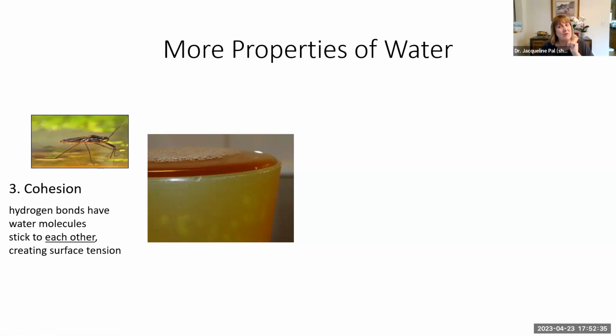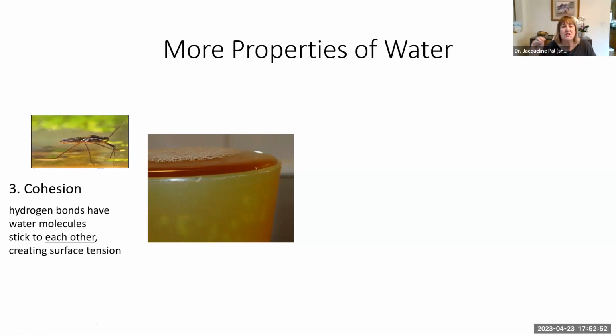Now, the person with the overfilled cup cannot move that cup without spilling it, but you can annoy them no end by filling the cup more. And this creates surface tension, which allows little bugs to be able to walk on water.